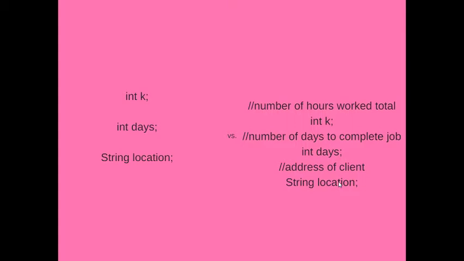Okay. And then the next string, location, address of client. So this is obviously some type of way to keep track of customers for a job or something. And you would never be able to tell that without comments explaining what each variable does and what the purpose of it is. So it just adds some context to the code and makes it a lot easier to understand.